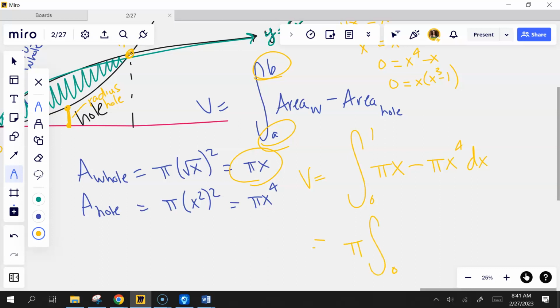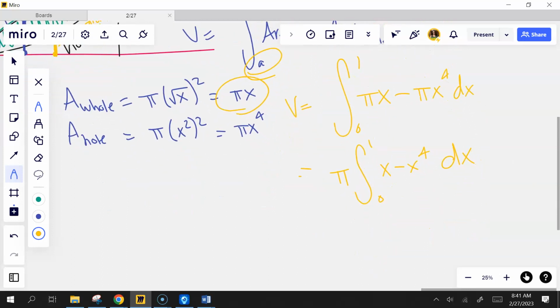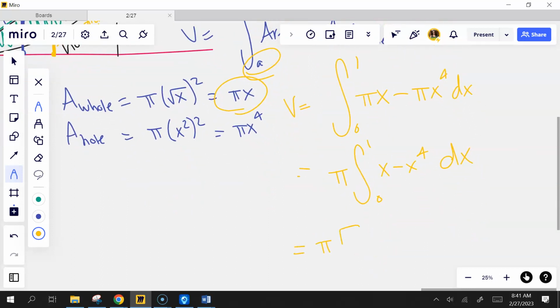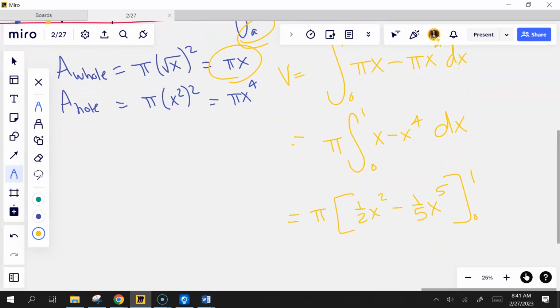I could factor that pi out, and it just makes my integral a little bit easier. Now if I evaluate this, I get pi times, what's the antiderivative of x? And the antiderivative of x to the 4th, evaluated from 0 to 1.